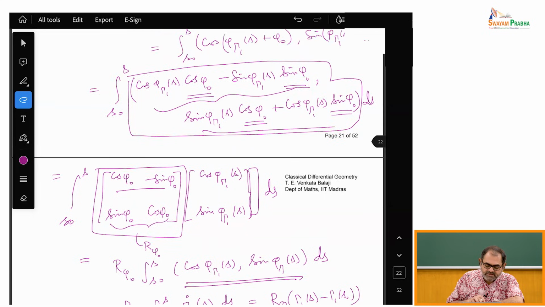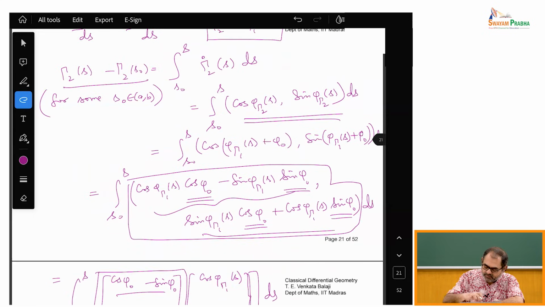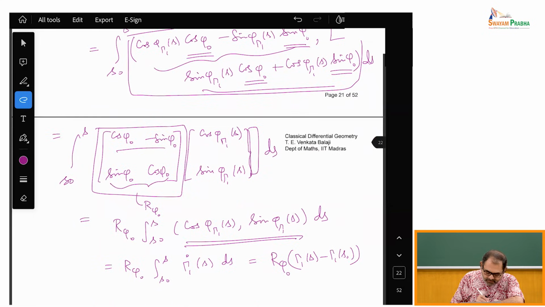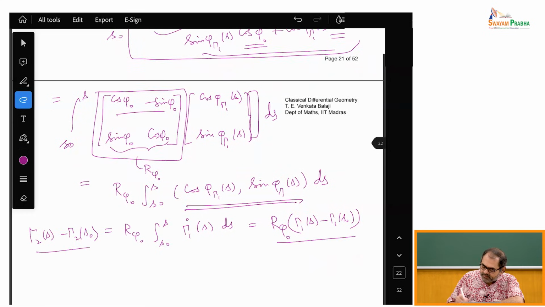So on the left side I had gamma 2 of s minus gamma 2 of s naught. So let me write it here, gamma 2 of s minus gamma 2 of s naught. What you are getting from this is that gamma 2 of s is R phi naught gamma 1 of s, minus R phi naught acting on gamma 1 of s naught, okay.